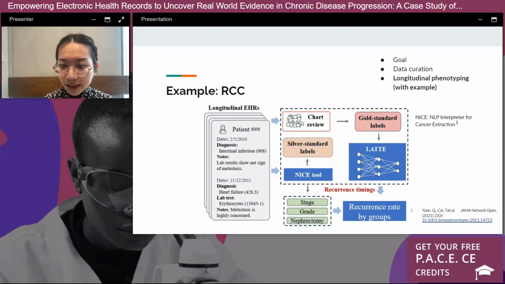And what we did is that we just input all the EHR features into Latte together with the silver standard labels as well as some of the gold standard labels to be used in the training of Latte. And then this particular algorithm will return a longitudinal phenotyping of the recurrence.